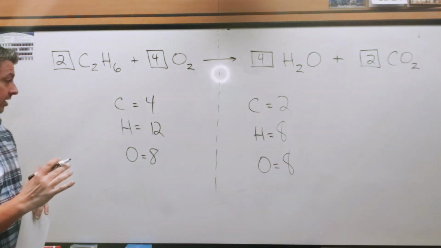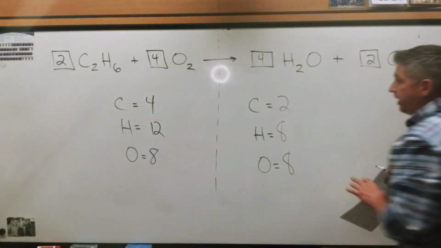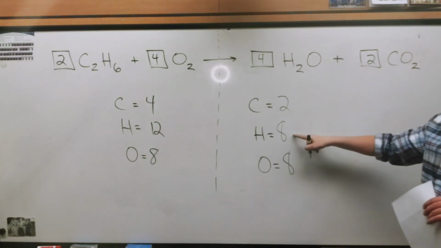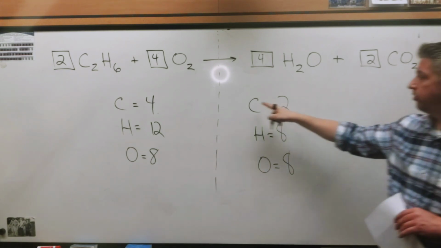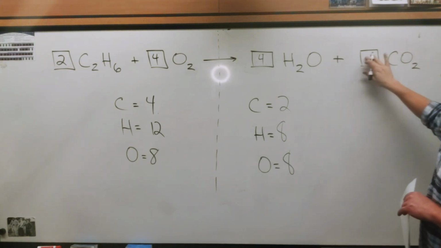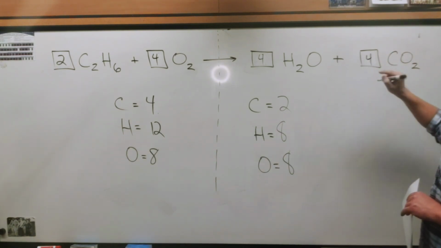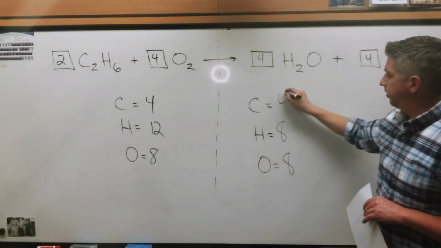Keep doing this, okay? So let's go to this side. We need to change the C's and the H's. Start off with the C. We have to go from 2 to 4. We have to double it, so let's double this. Let's go from 2 to 4. 4C, we now have 4 carbon.